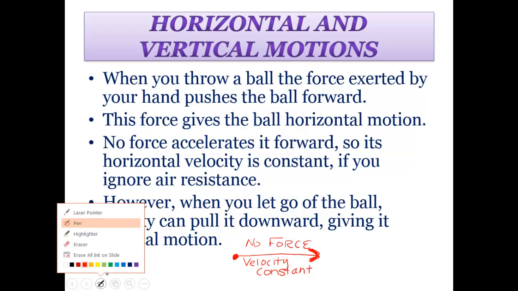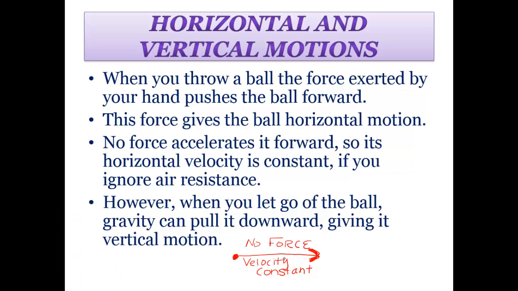and actually puts a downward force on the object. So because of gravity, it gives it vertical motion and it actually causes it to accelerate. So gravity is what causes the actual acceleration.